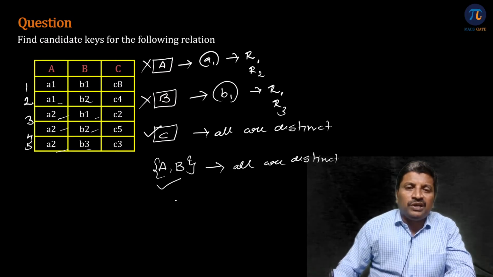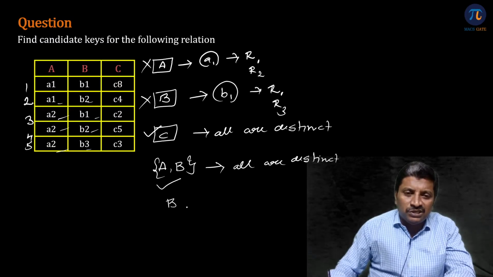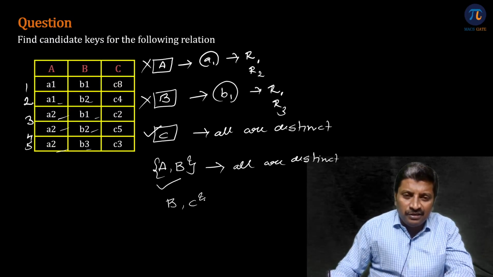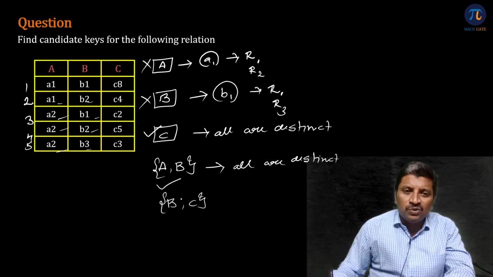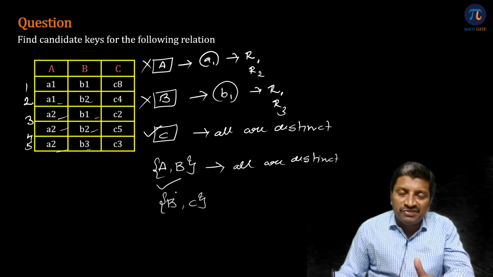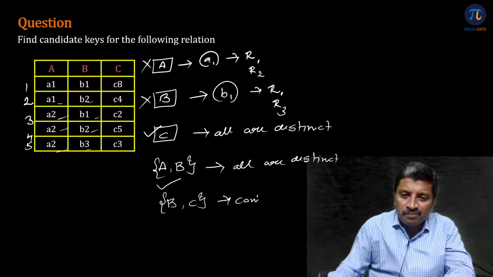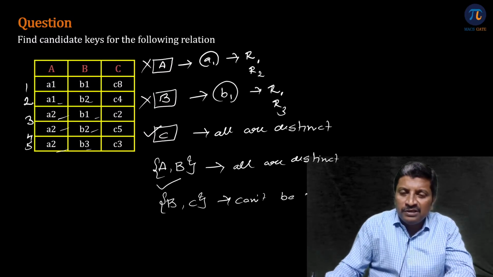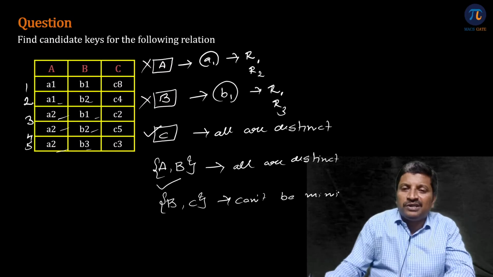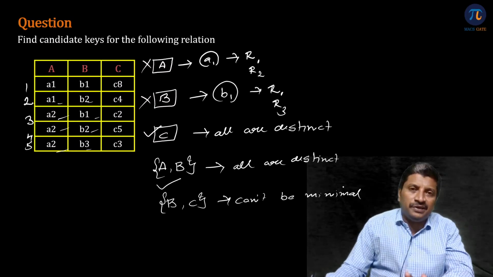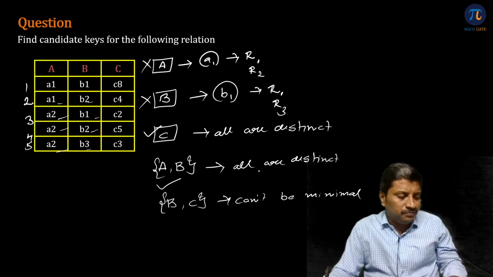So it is also a candidate key. Now the question is, can you say AC is a candidate key? No, because C itself is a candidate key. So this cannot be minimal. Since it cannot be minimal, it cannot be a candidate key. Is that clear?